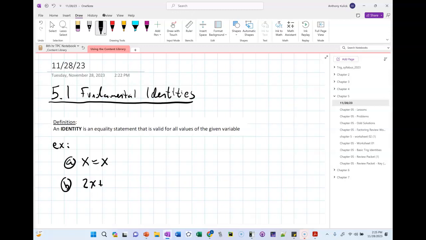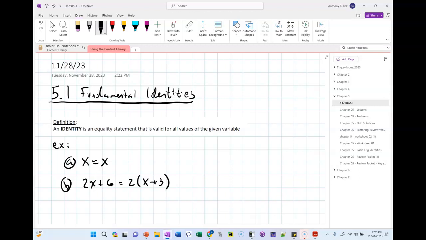You could have something like this. That's another example of an identity. How do I know that those two things are actually equal? What happens if I distribute out the right-hand side? I get the same thing as the left-hand side, correct? Or what happens if I took a greatest common factor of 2 from the left-hand side? I get the right-hand side, right?